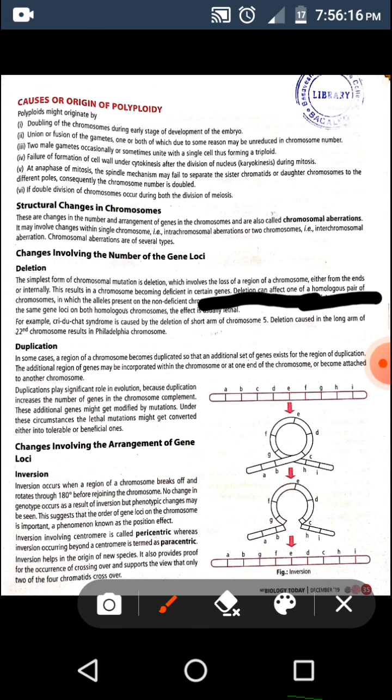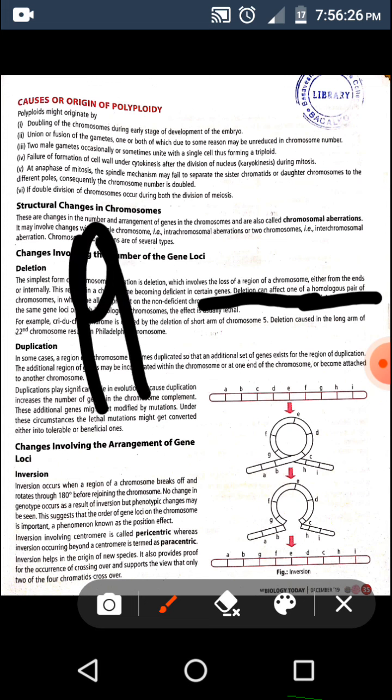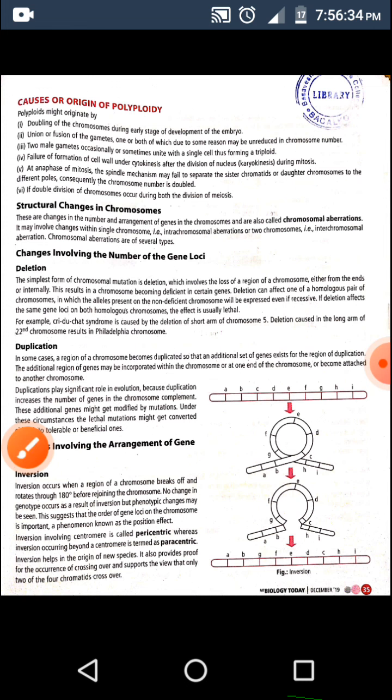The segment may be reduced from the ends of the chromosome, or from an internal region. In this way, deletion may change the structure of the chromosome.